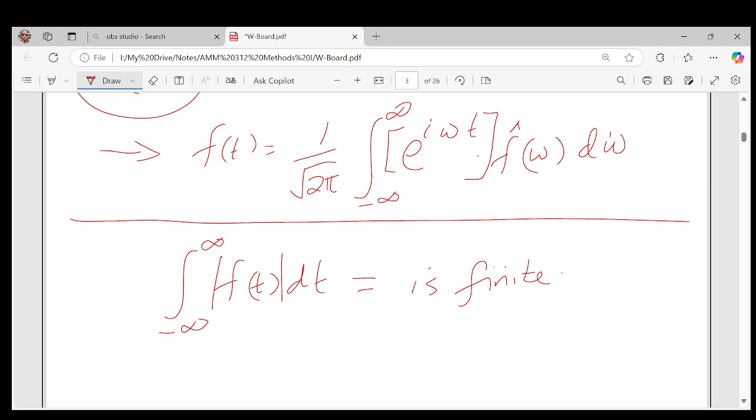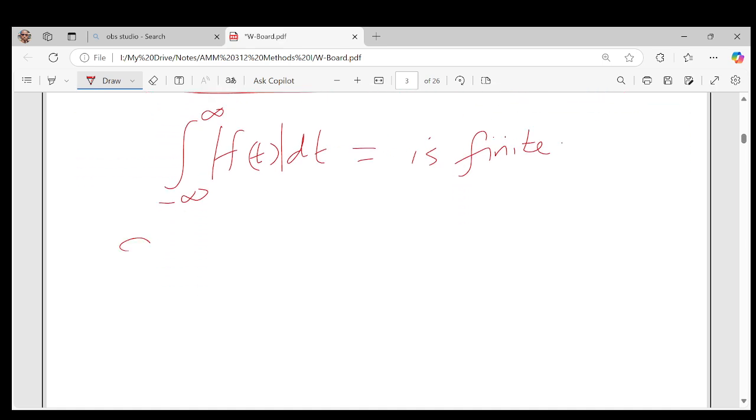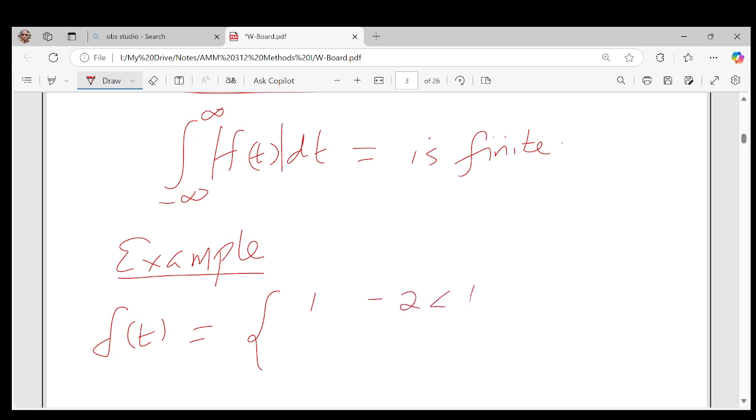So let's do an example. Suppose you are given a function f of t defined as 1 in the interval between -2 to +2, and it is 0 elsewhere.